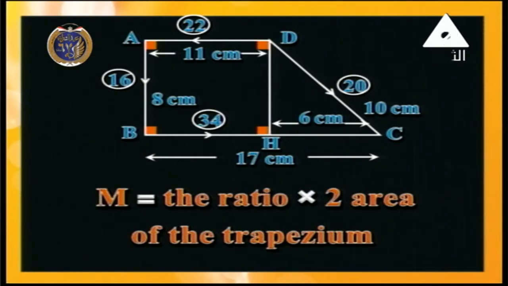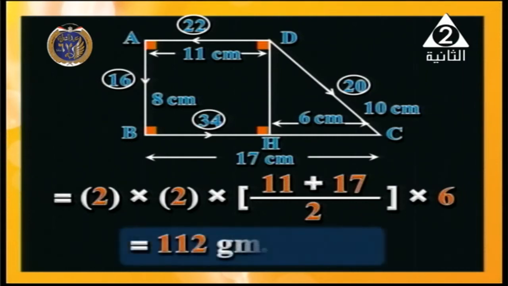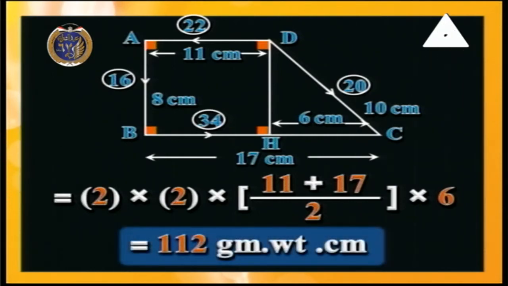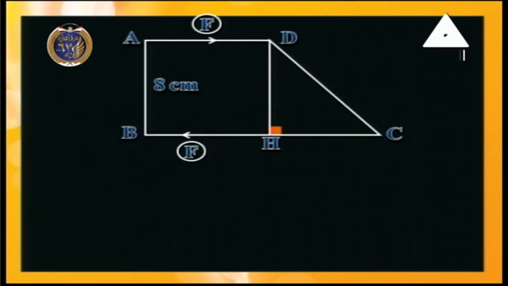What is the height? DH or AB, 8 centimeter. Therefore, the moment of the couple is 2 times (11 plus 17) over 2 times 6, answer is 112 gram weight centimeter.